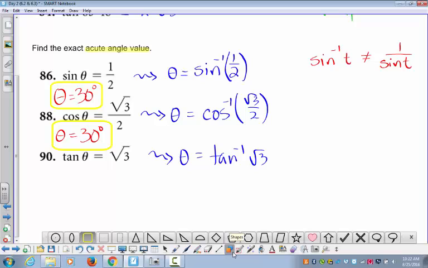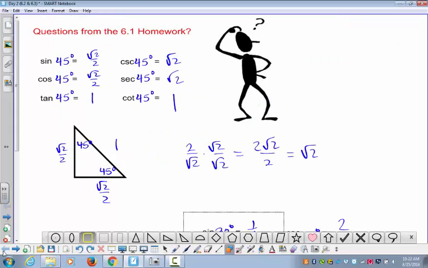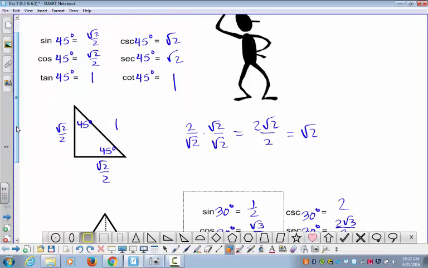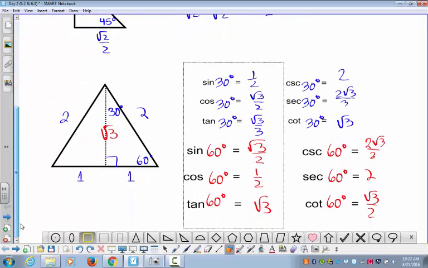Tangent of theta equals root 3. Again, we can go look at our table and see the root 3 for a tangent value. These three up here, 1/2, root 2 over 2, root 3 over 2, are special ratios for sine and cosine. And for tangent, the ratios that should give us a little trigger are 1, and then root 3 or root 3 over 3.